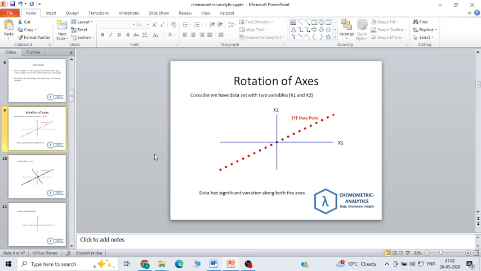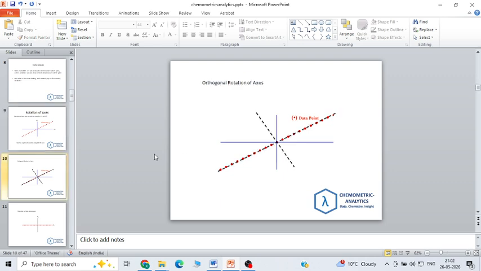Pictorially you could see something like this. Now our new axes are along this black dashed line, and as I mentioned, you also give the rotation to the x2 axis. So you get a new space.